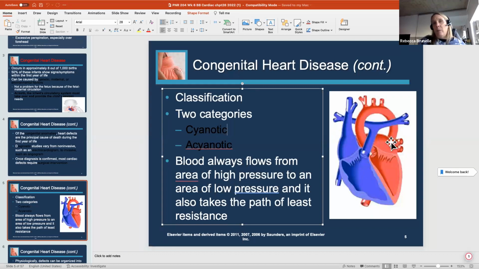Then the pulmonary veins return blood to the left atrium, and then it goes down to the left ventricle, and then out the aorta to your body. So the right side of the heart receives the deoxygenated blood from your body after it's gone to all your tissue. It sends it to the lungs where it picks up oxygen, and then it goes to the left side, and the left side pumps that blood that has oxygen to your body.